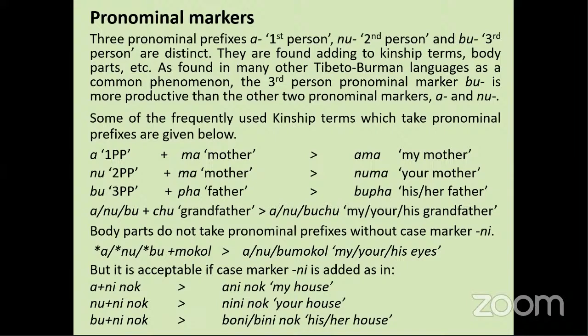So it is not acceptable if we express like a makol, nu makol, bu makol. But it is acceptable when we add a case marker ni, like ani knock, my house, nini knock, your house, and bini or boni knock, his or her house.